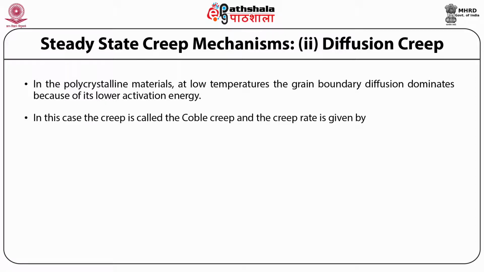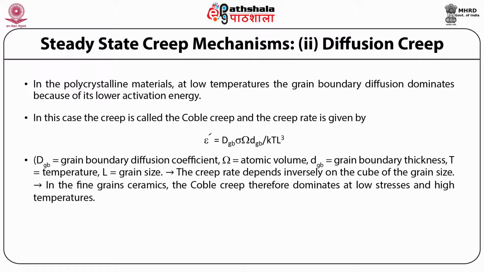In this case, the creep is called as the Coble creep, and the creep rate is given by ε′ equal to D_gb σ Ω δ_gb by kT L³, where D_gb is the grain boundary diffusion constant, Ω is the atomic volume, δ_gb is the grain boundary thickness, and T is the temperature.